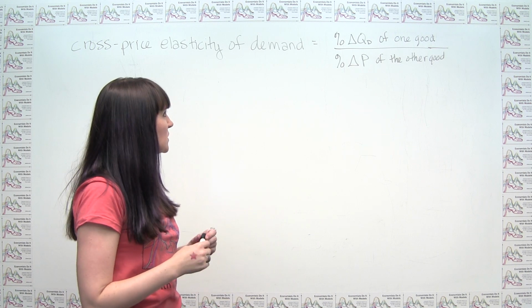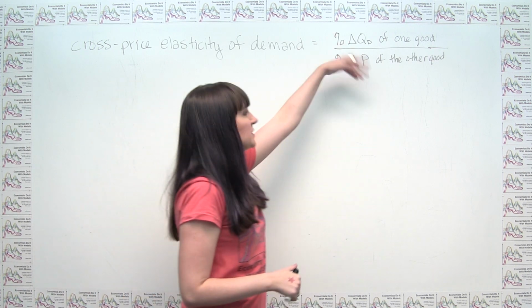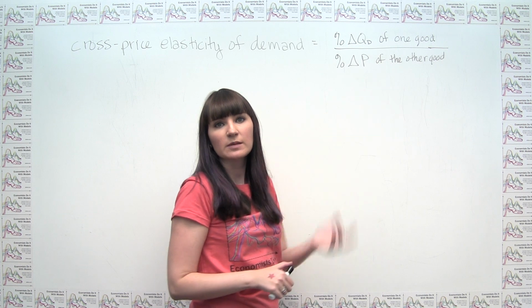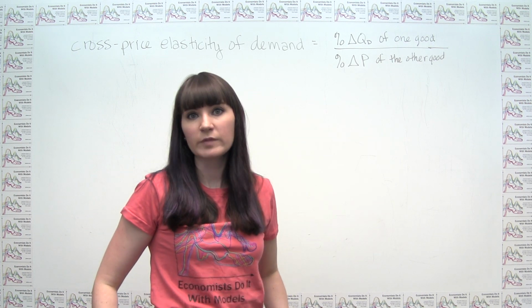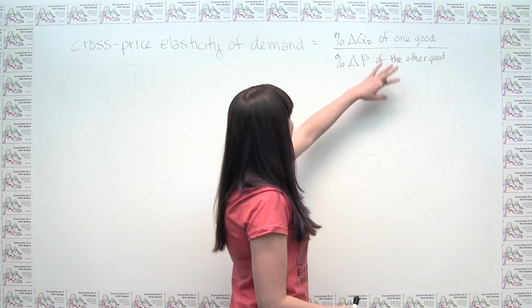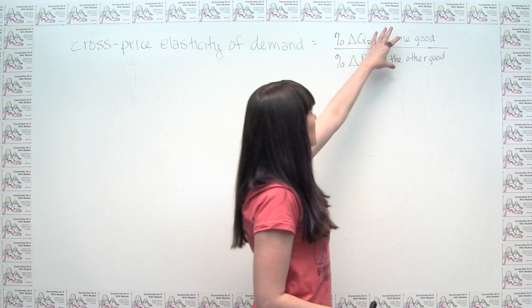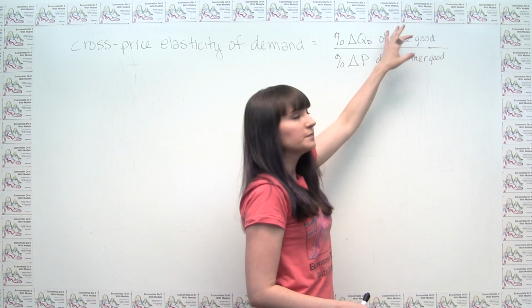So it almost looks the same, except we never take the absolute value. Sometimes we take the absolute value with price elasticity of demand, not here. And rather than looking at these changes for the same good, we're looking at them for two different goods.